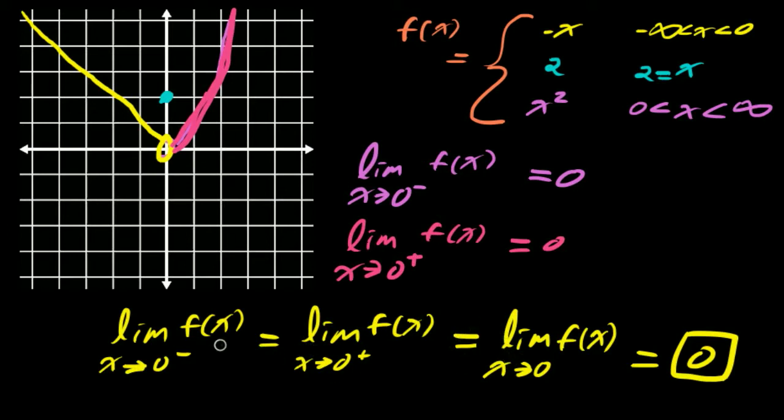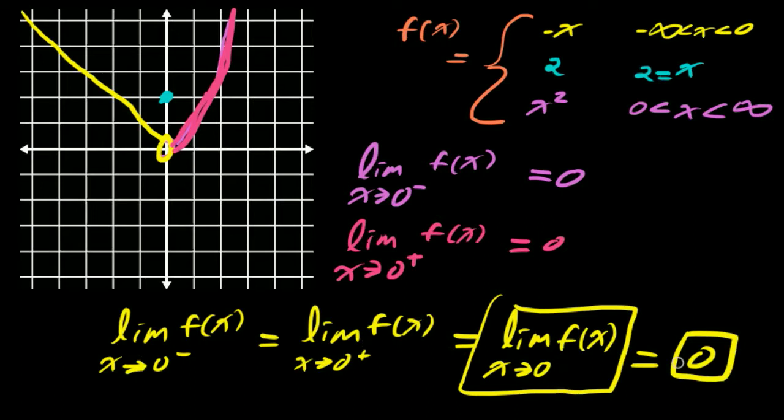The big thing I wanted you to take away is that when both of these limits exist, when f of x approaches 0 from the negative side and from the positive side, and they're equal to each other, that is when the limit as x approaches some value, or in this case 0, is going to be defined or exist.